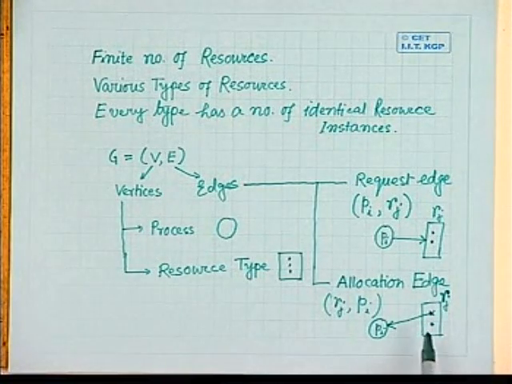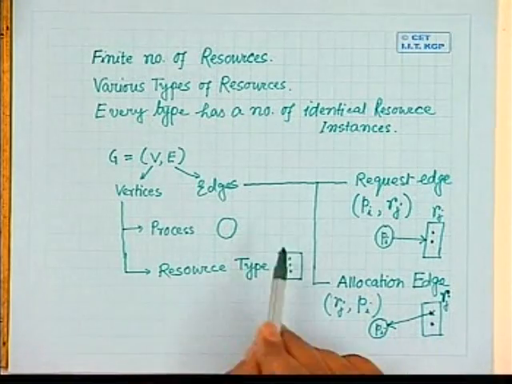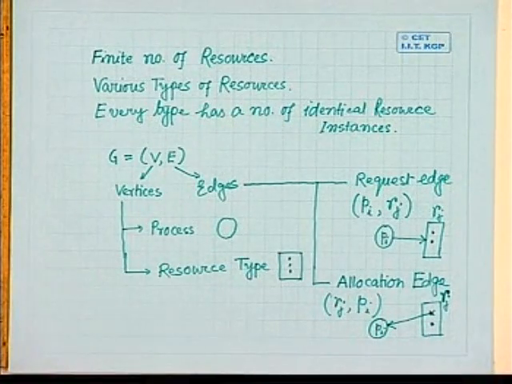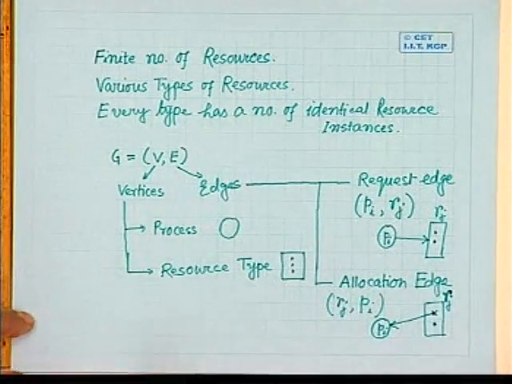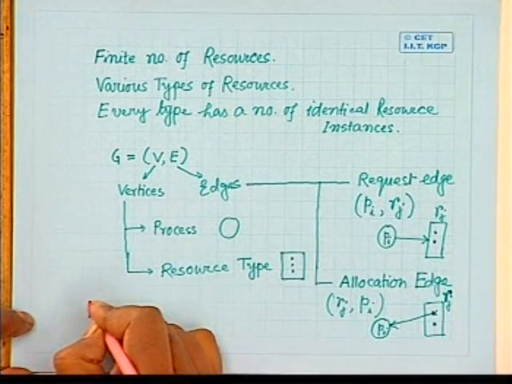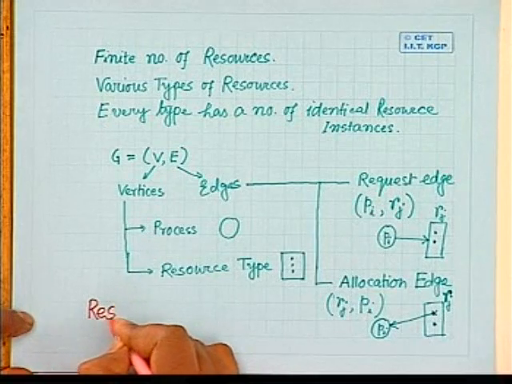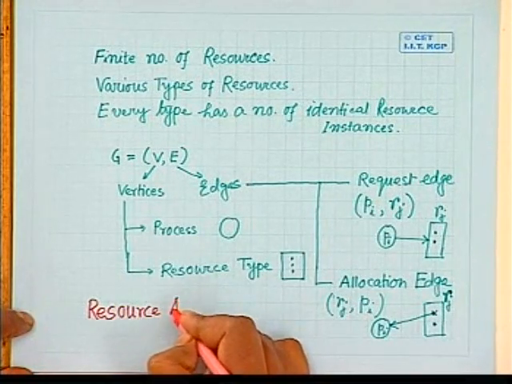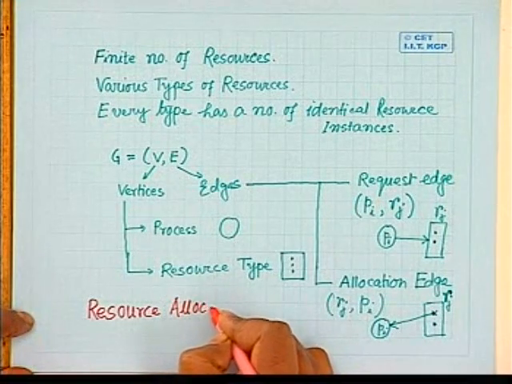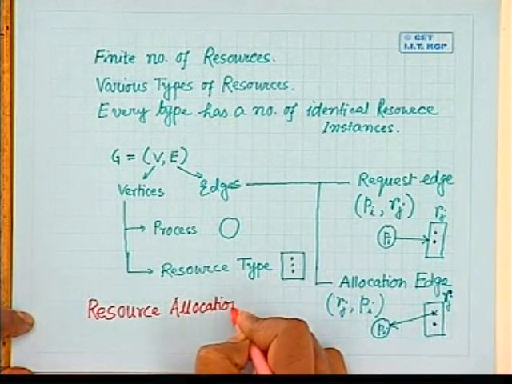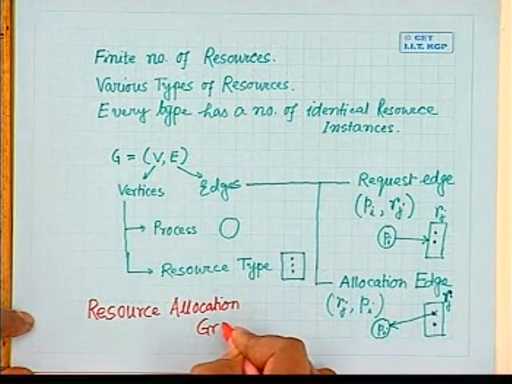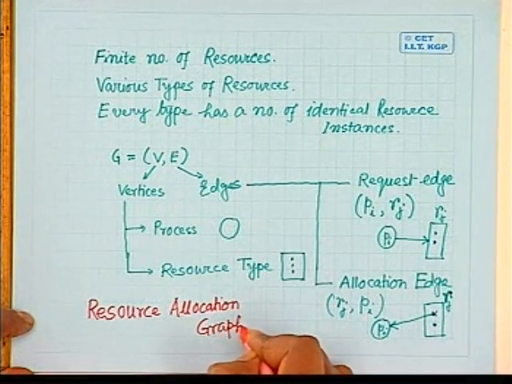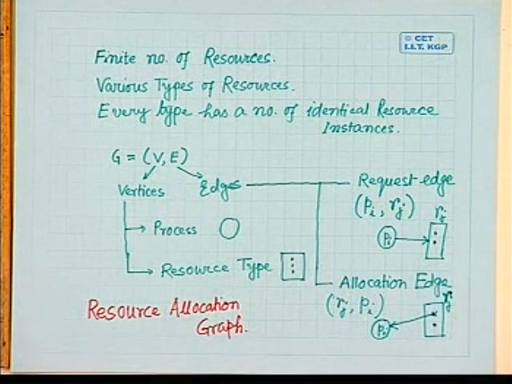Okay. And this graph is called a resource allocation graph. And we can describe a deadlock situation with the help of a resource allocation graph.